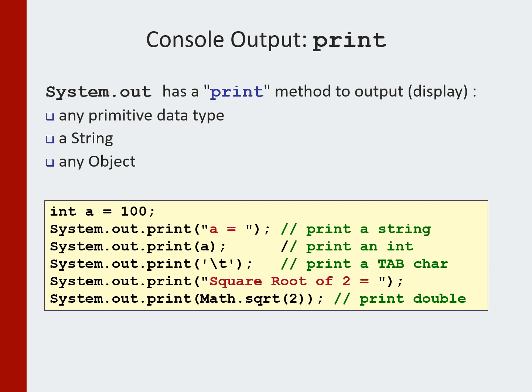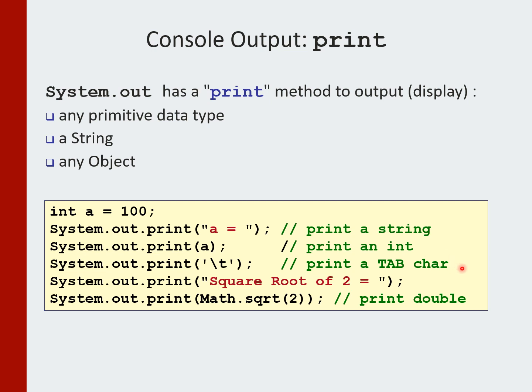For example, if you have int a is equal to 100, you can do System.out.print, and then in quotes, you need quotes, you can do a equals to print the string. The double quotes indicate that it's a string. I can just put a System.out.print, and that will print an int.